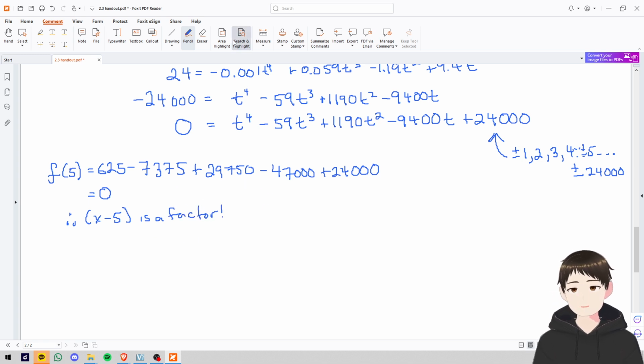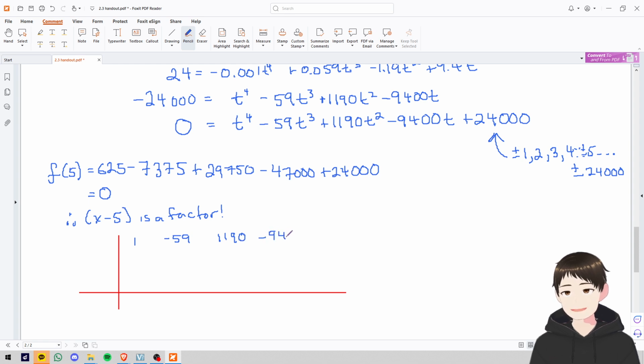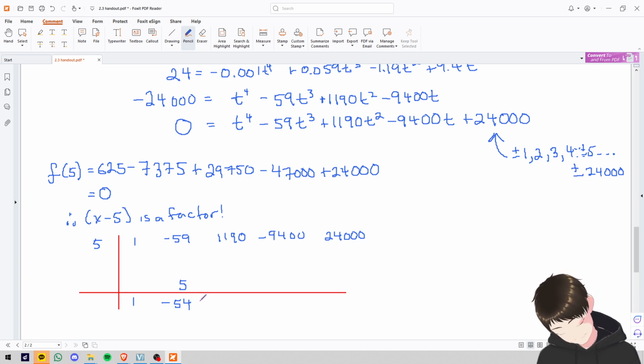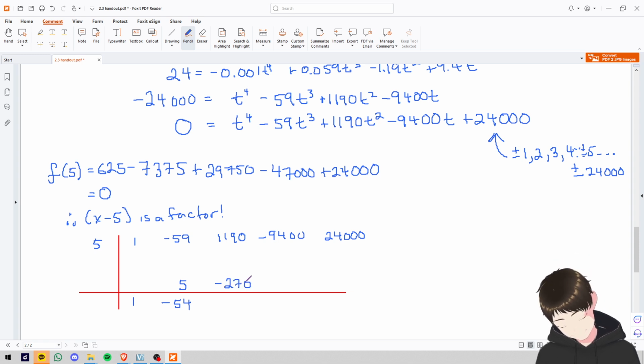I am going to, by muscle memory, go straight into synthetic division with exponents: 1, negative 59, 1190, negative 9400, and positive 24,000 with a 5 here. 1, multiply, 5, add, negative 54. Negative 54 times 5, negative 270. Add, that's negative 920.